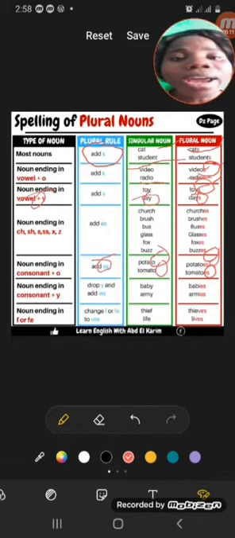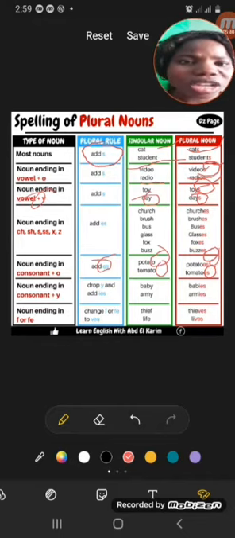You will now change the Y to IES because there is a consonant before the Y. But for the ones where you only add S, like toys, we have vowels before the Y at the end. In day we have the vowel A, then in toy we have O as well.